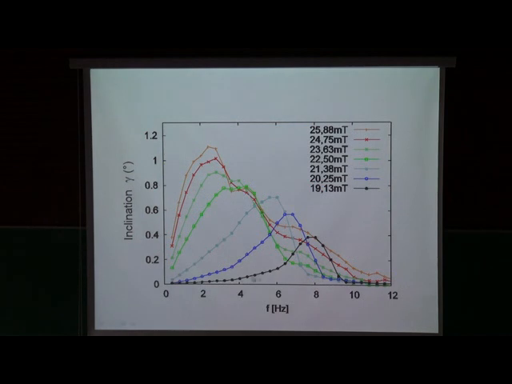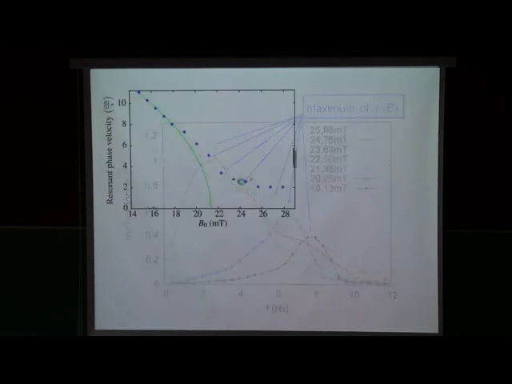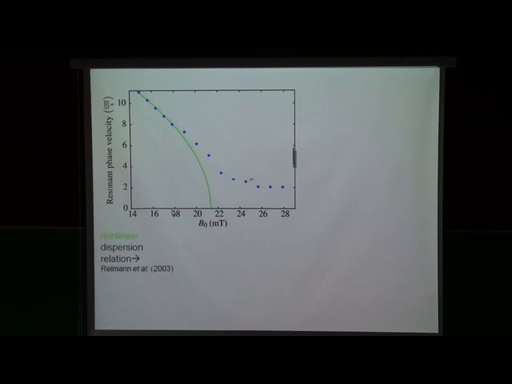So once again you see this is the inclination gamma as a function of the driving velocity or the driving frequency, and you see that you're getting here a resonance, and this resonance is now shifting again with higher fields to lower frequencies. And here you see again a comparison of this resonant phase velocity with the dispersion relation.